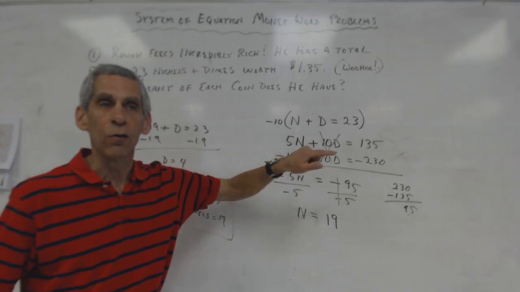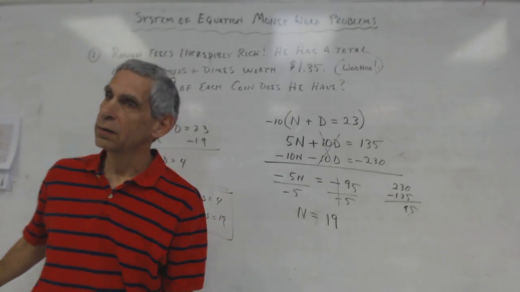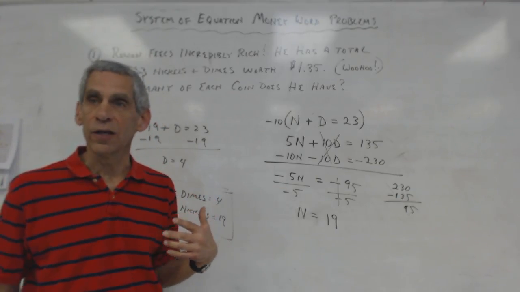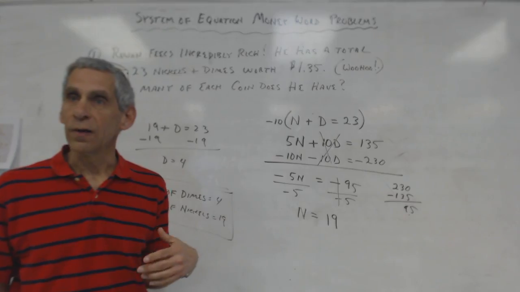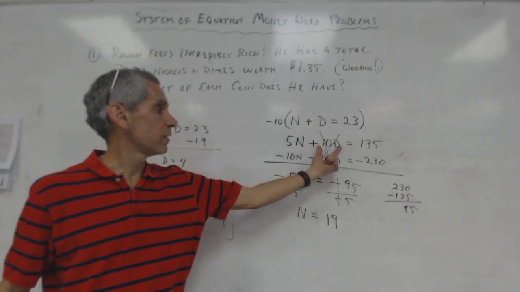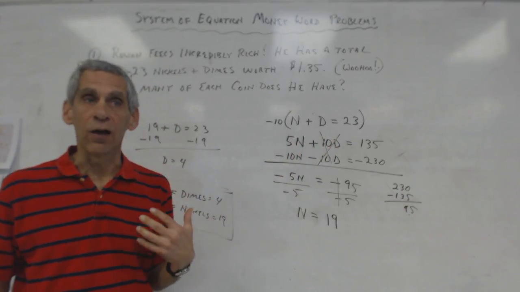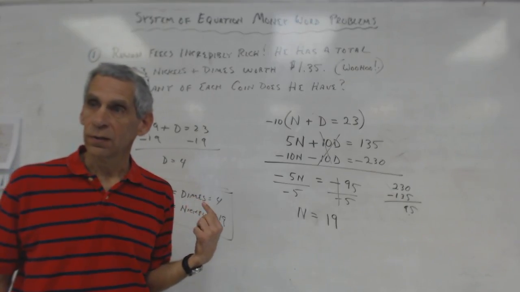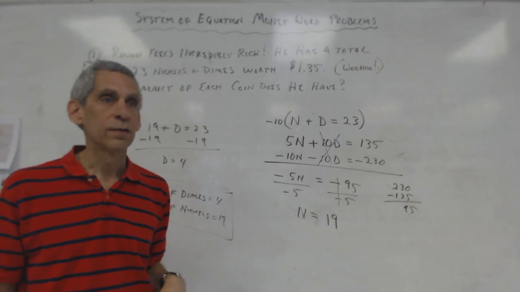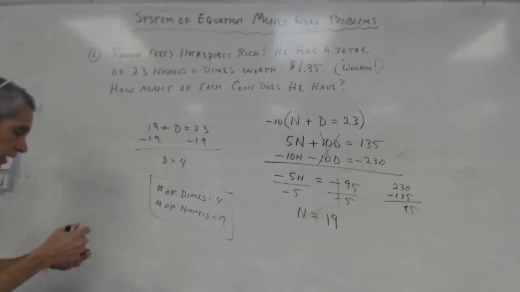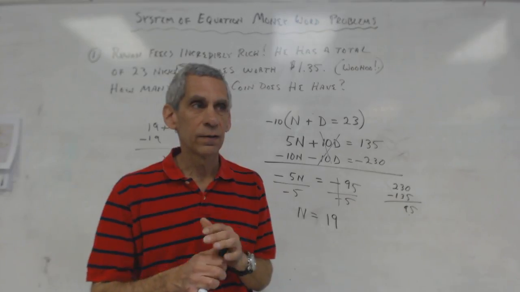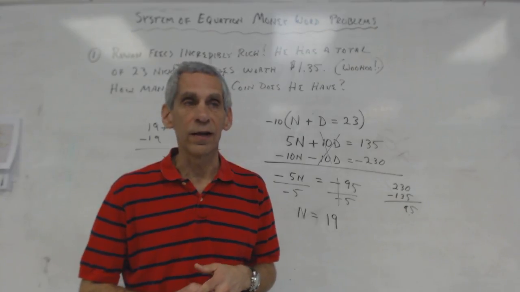In front of dimes for value, I always put a 10, because the value of a dime is 10 cents. In front of the nickel, I always put a 5. In front of a quarter, I always put a 25. That kind of thing. So that's basically it. Do you feel like you get it? It's not hard. They're actually kind of fun.